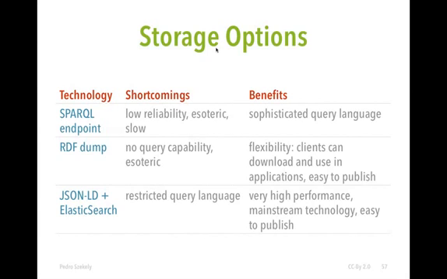You can use it to query JSON documents. The benefit is that Elasticsearch has incredibly good performance. It's mainstream and it's easy to publish the data. The downside is that the query language is not as expressive as SPARQL.